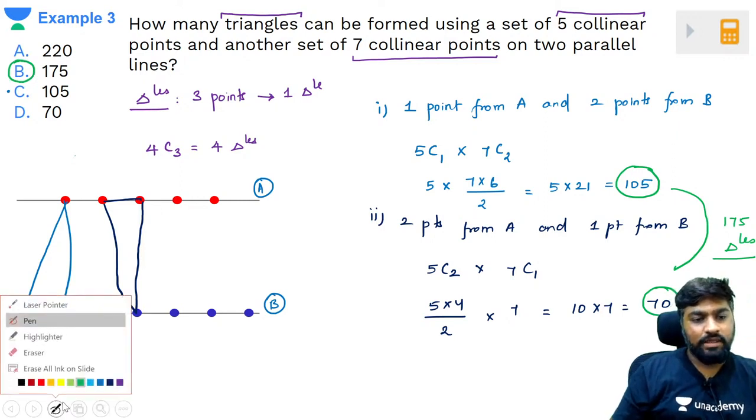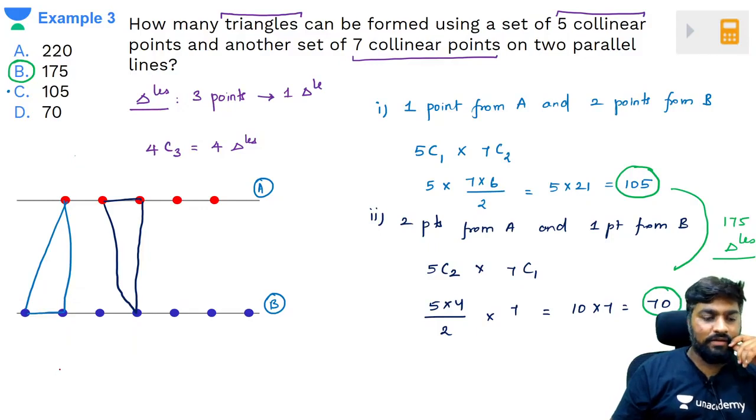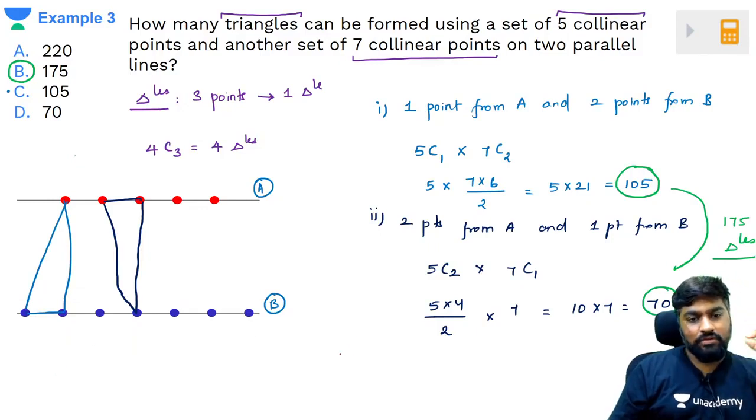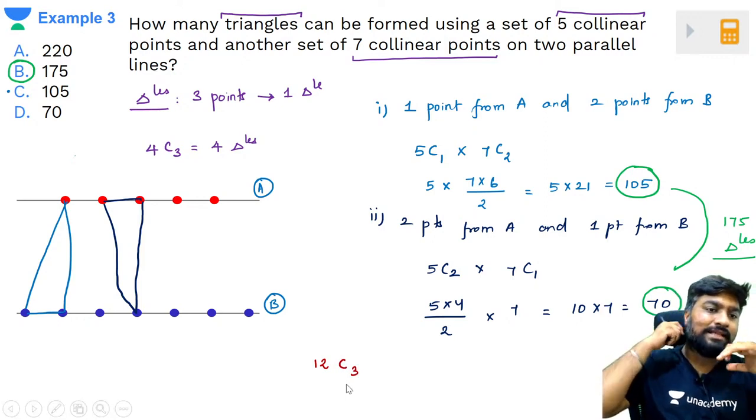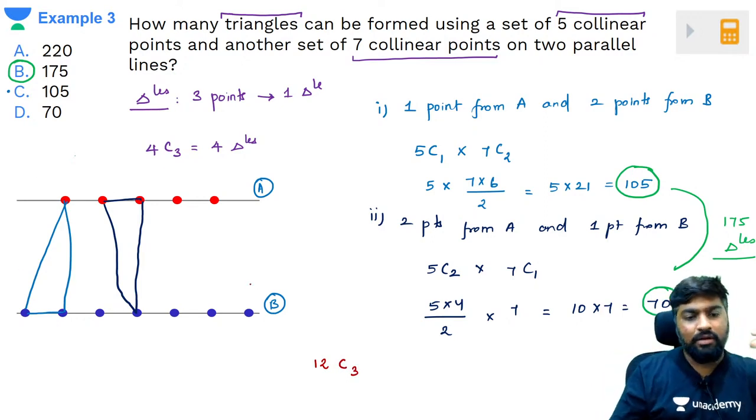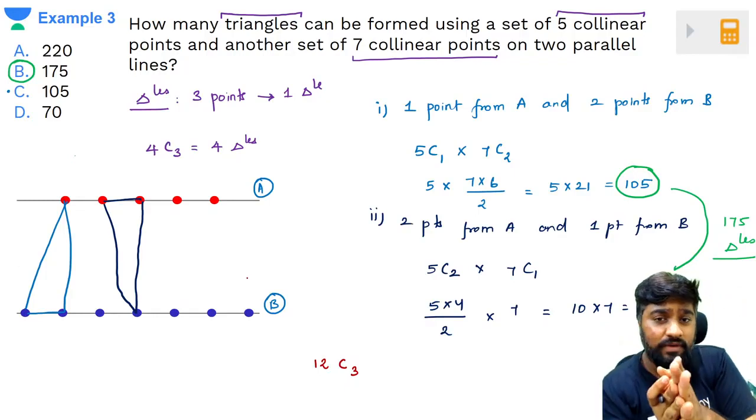Got it? Now there's an alternative way of looking at it as well. So in total there are 12 points, right? 5 here and 7 here, 12 points. If I were to form a triangle, I would need 3 points. So 12C3 will give me the total number of groups of 3, not the total number of triangles.